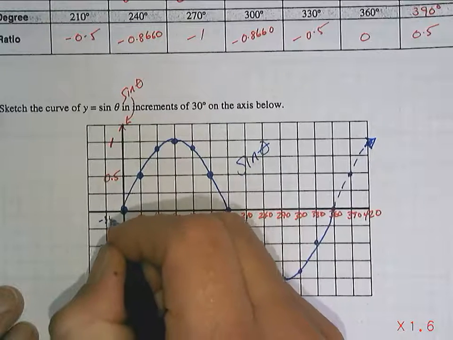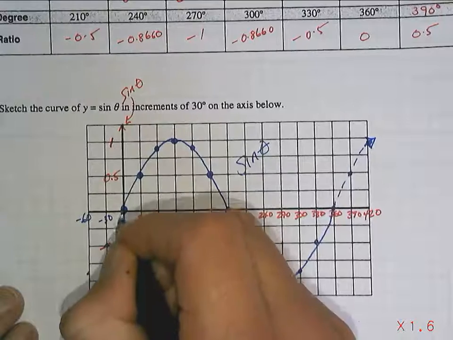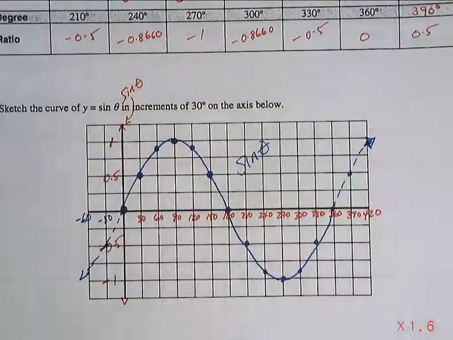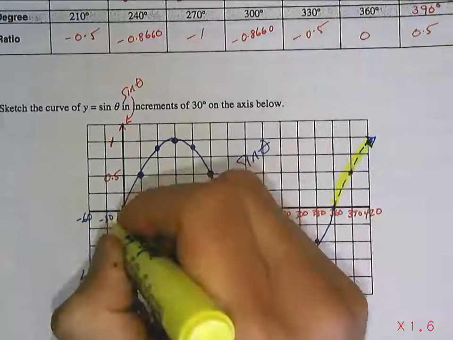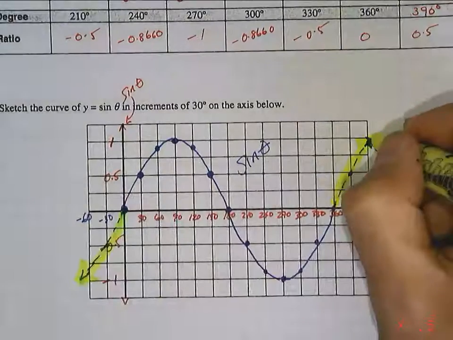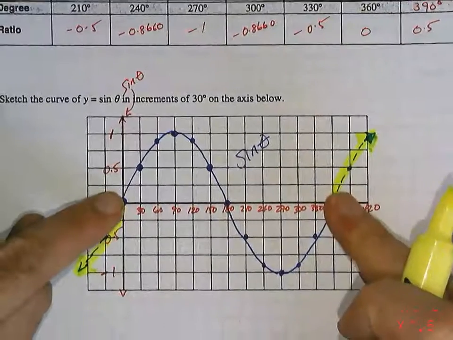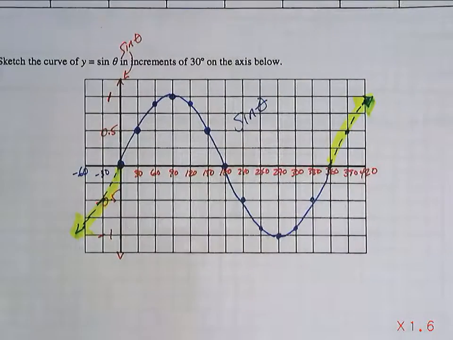So that's negative 30, negative 60. It's going to keep going like that. And this is what we call one complete wavelength of the sine curve.